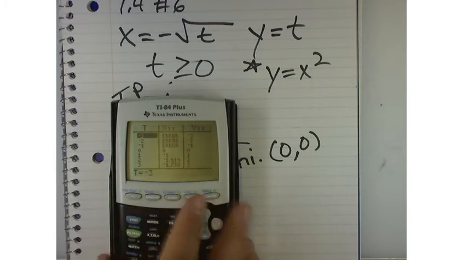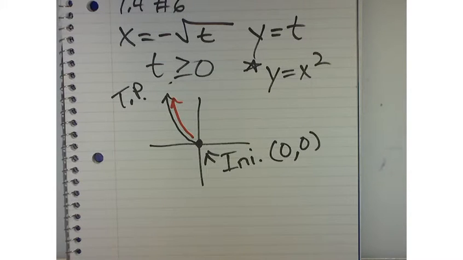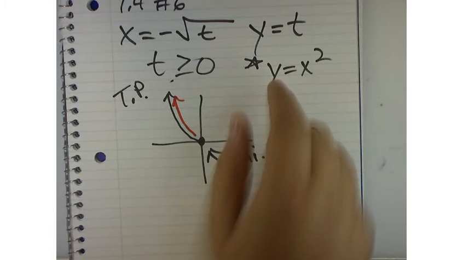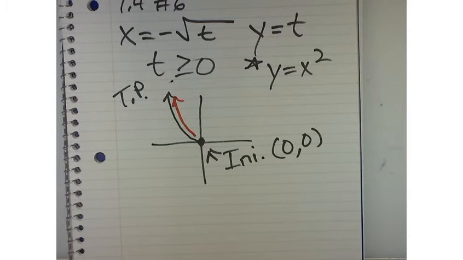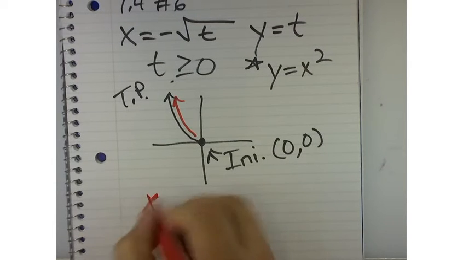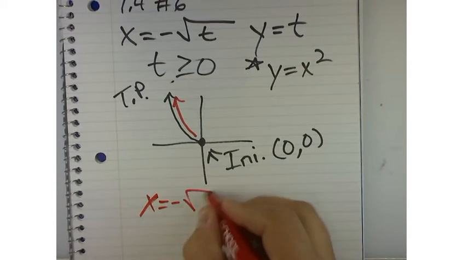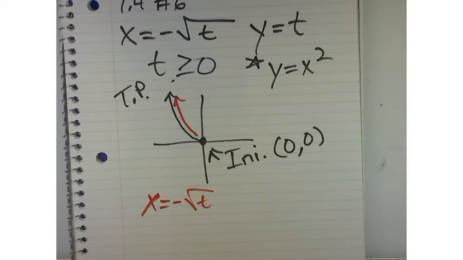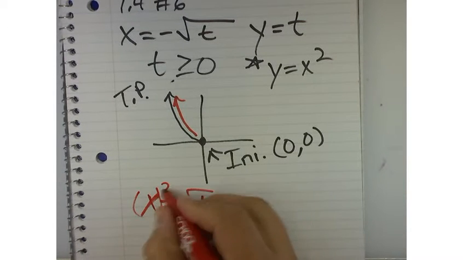And then for part B it says, what is the Cartesian equation? So again, we think that this is the Cartesian equation because it's a parabola. So if I take x is equal to negative the square root of t, and I square this side, and I square this side.